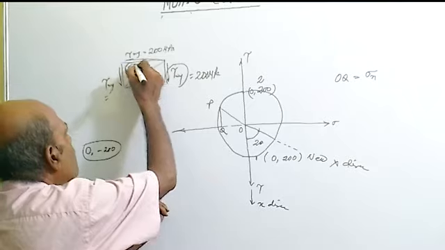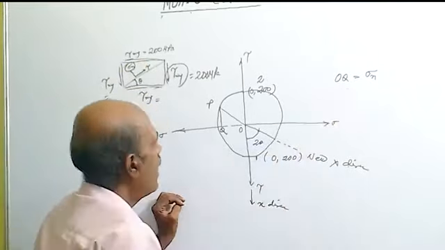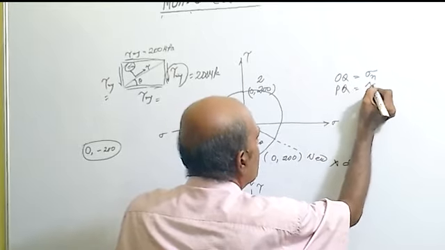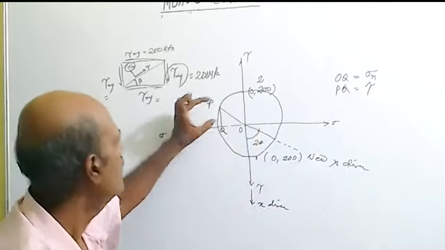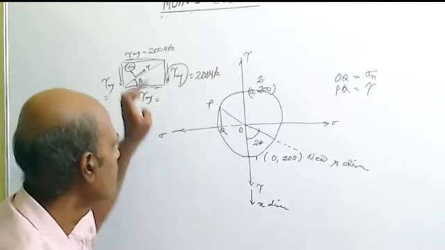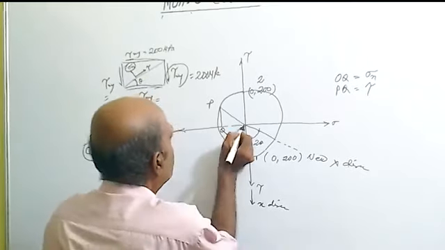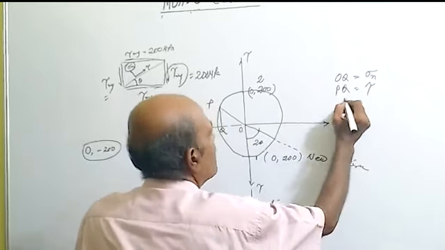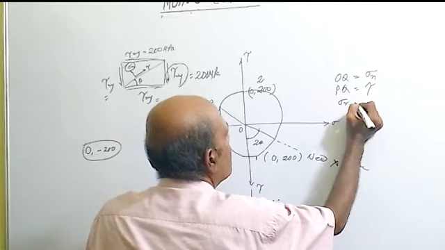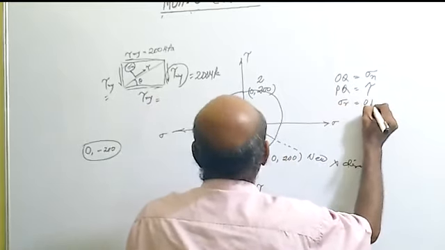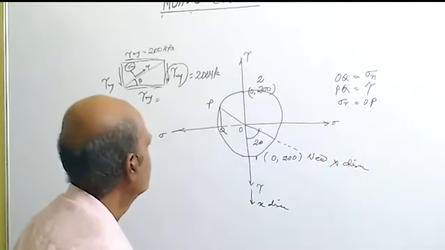Measure PQ, it will give the tau value, that is, this shear stress. Join OP. So sigma r is also equal to OP.